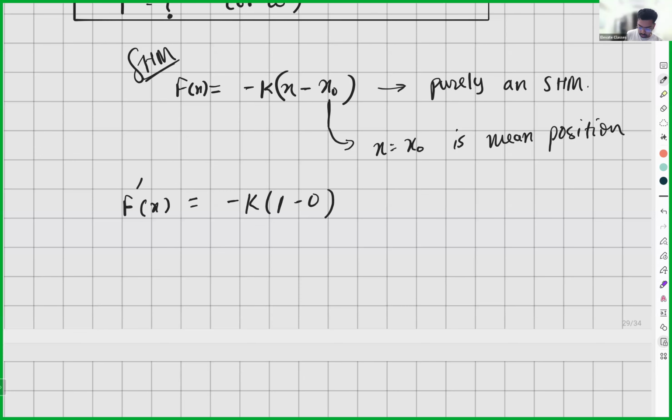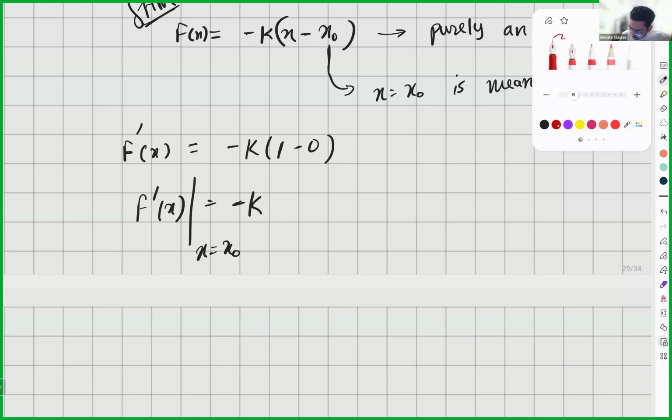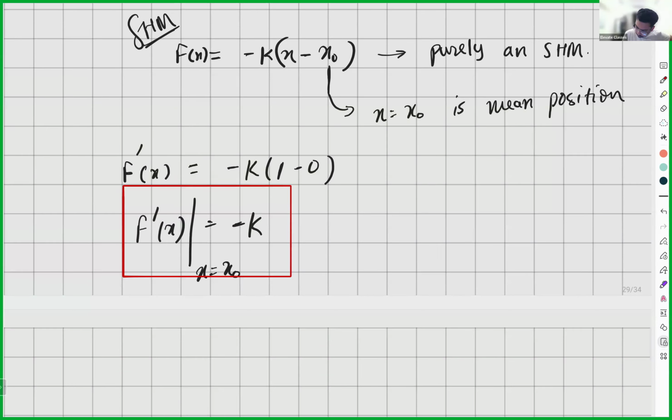Sorry, so this is the thing. So this is minus k. Now you take it at x equal to x naught, the mean position. So it will still be minus k only, right? It will still be minus k only. So you have this one thing.